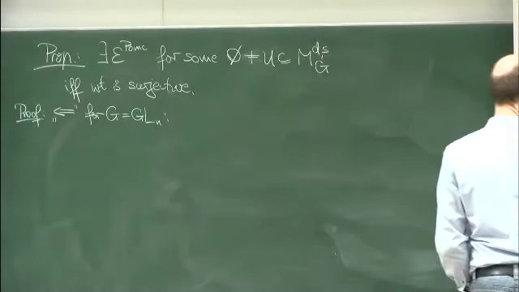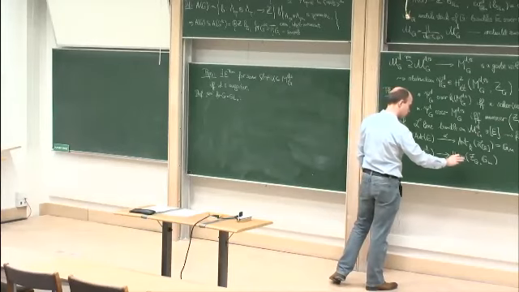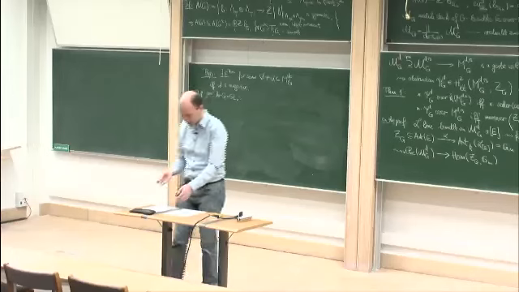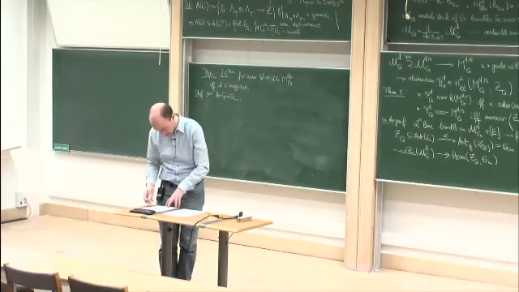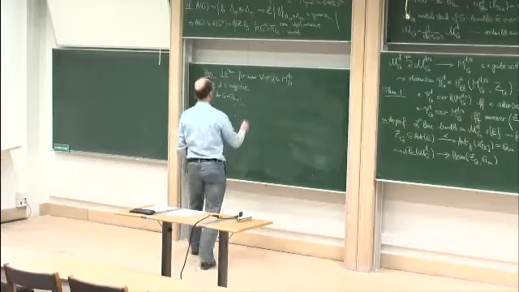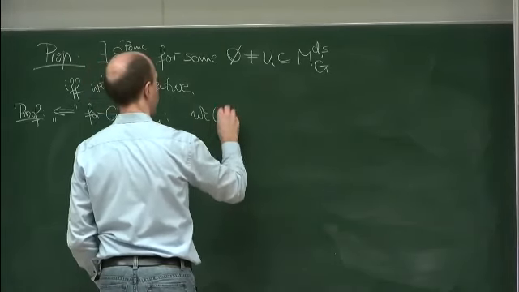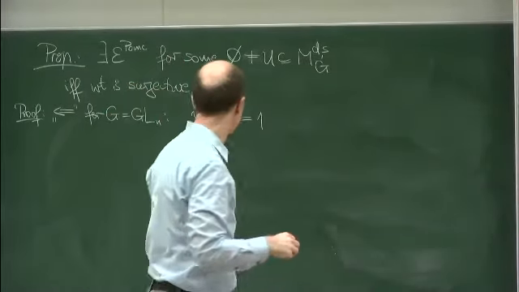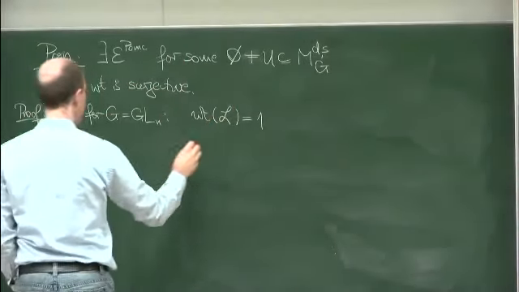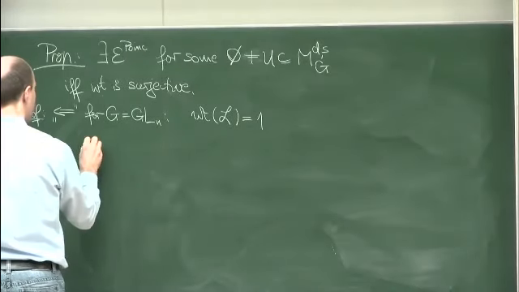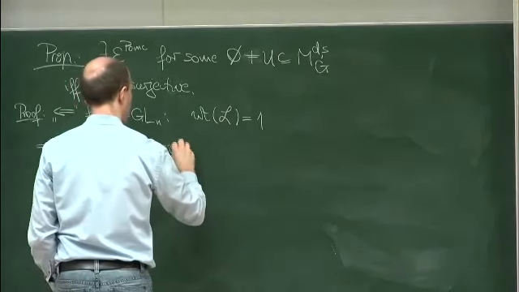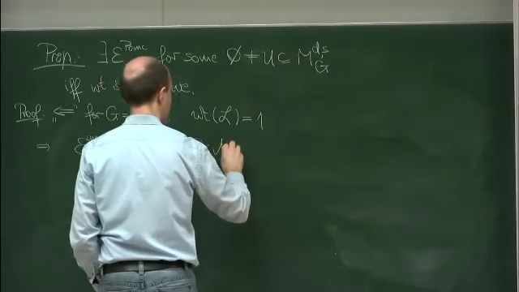For GL_N, the center is G_m, so the weight is just an integer. So surjectivity means that there is a line bundle of weight 1. So assume we have a line bundle of weight 1. So now in any case, there is a universal vector bundle over curve times moduli stack.